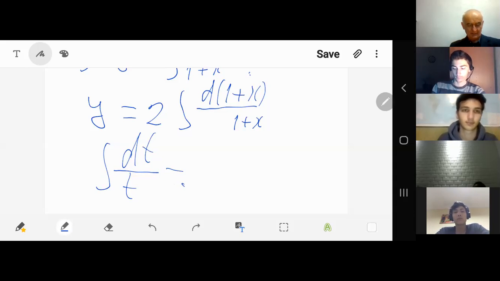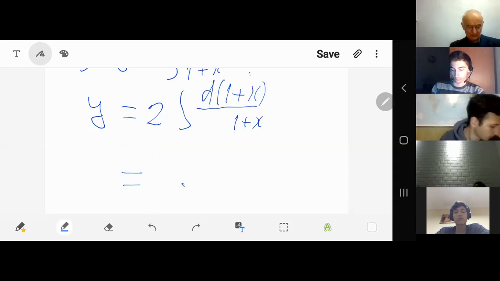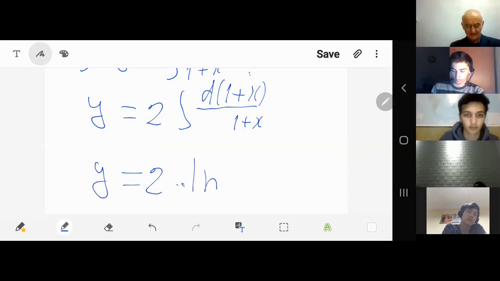So here we have y equals 2 times ln(1 plus x) plus c.